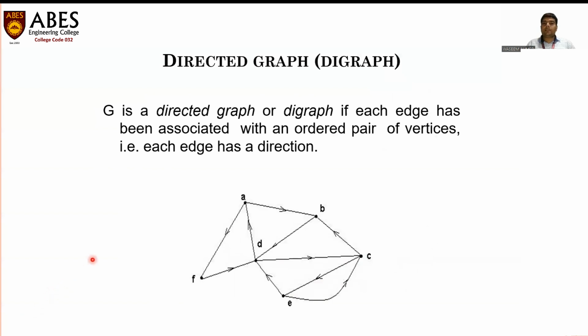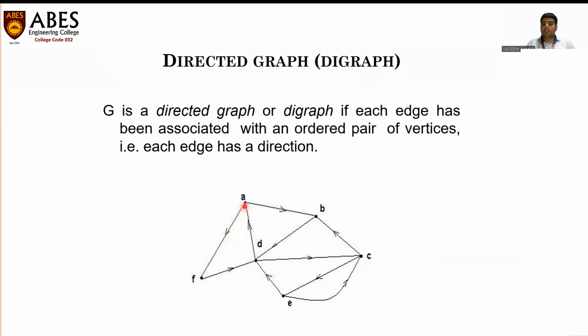Next we have the directed graph. If there are particular directions given on the edges, we will call it a directed graph. In a directed graph, there is a particular ordered pair of vertices. For example, we have vertex A to vertex F, and there is a direction given.